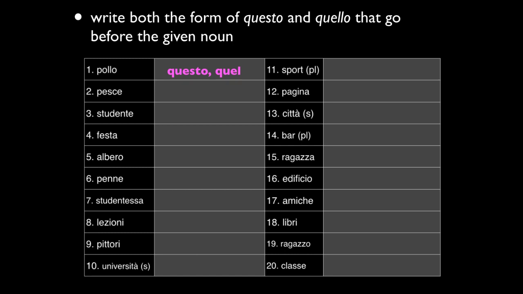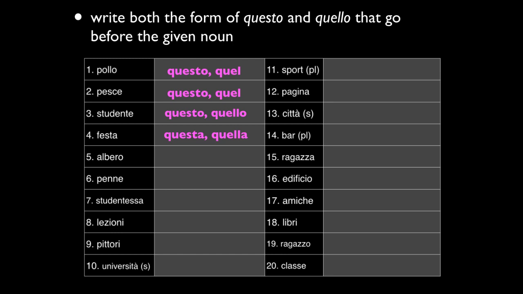Okay, number 2, pesce, fish. So that is also questo pesce, this fish, quel pesce, that fish. Studente is one S plus consonant masculine, that is questo and quello. Festa is feminine singular, that's questa and quella festa, this and that party.